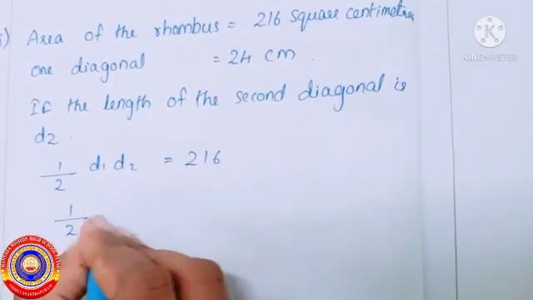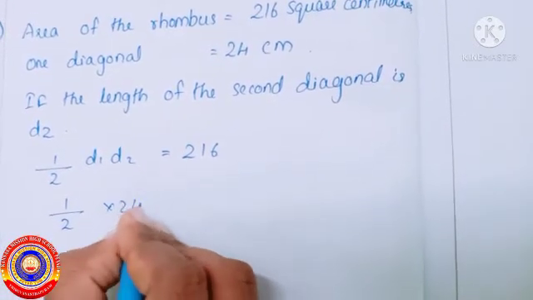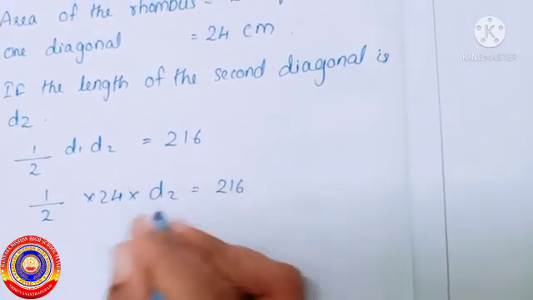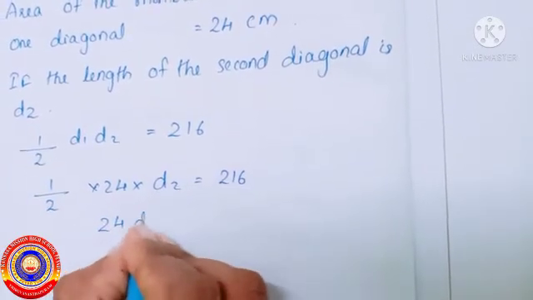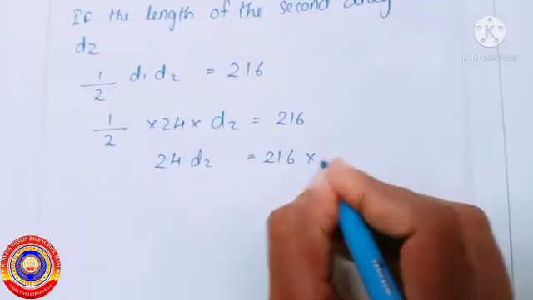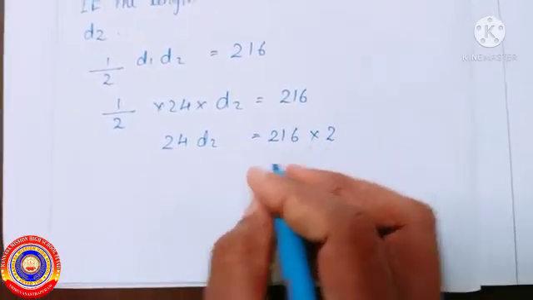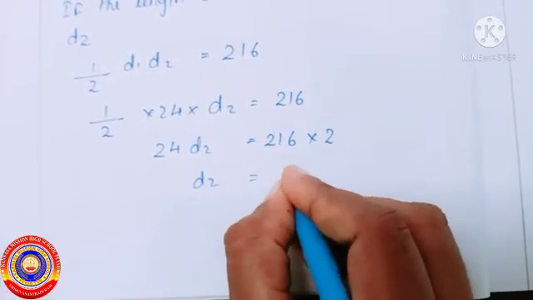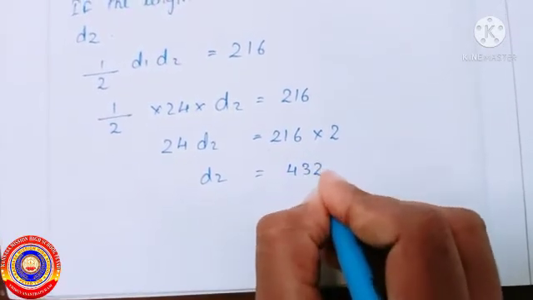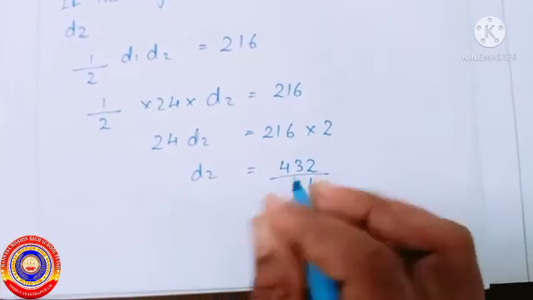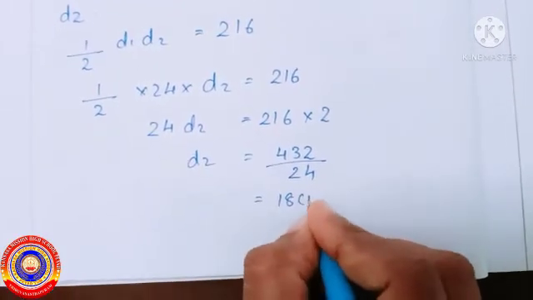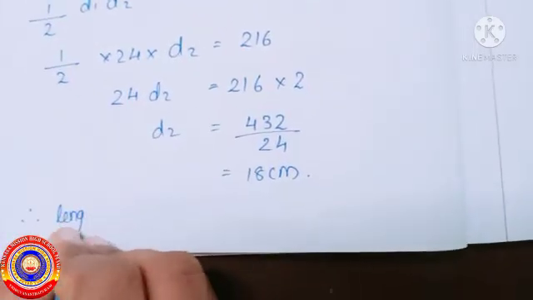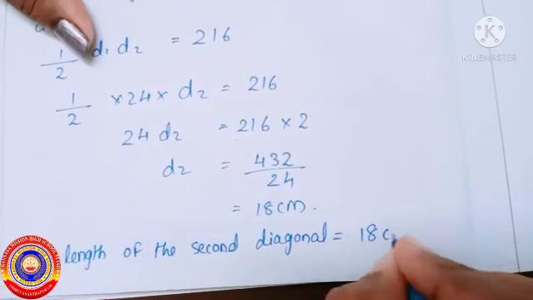Here the value of D1 is 24, so 1 by 2 into 24 into D2 is equal to 216. Then 24 D2 is equal to 216 into 2. Then D2 is equal to 216 into 2, which is 432, divided by 24, which is equal to 18 centimeter. Therefore, the length of the second diagonal is equal to 18 centimeter.